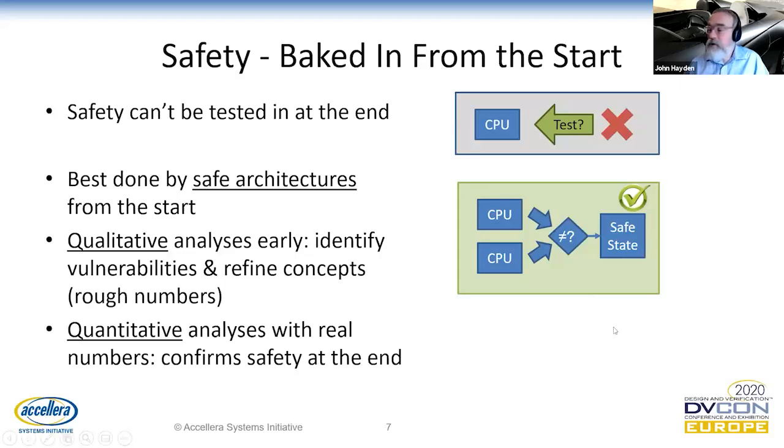Now, what you do is you start by creating your proposed architecture and then analyzing it before you build it with qualitative analyses, and iterate until you have an expectation that the architecture is going to be solid. Then you go build it, and then you do a second round of safety analyses with numbers to show that you've met the target metrics. And I'll talk about those metrics in a moment.